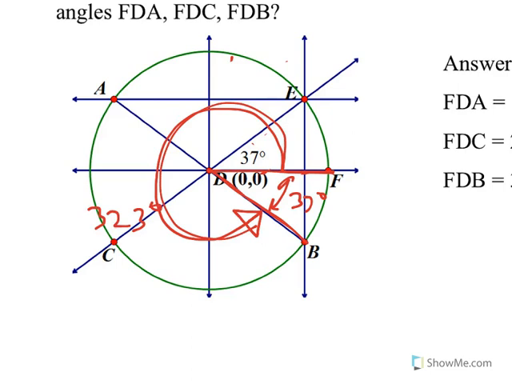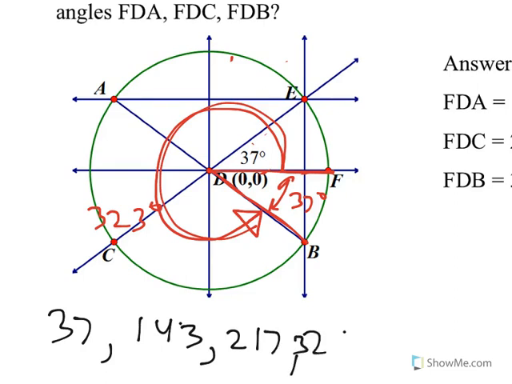And those 4 angle measures, 37, 143, 217, and 323 are all related to each other. We say they all have a reference angle of 37 degrees, and I'll explain a little more about that in a second.